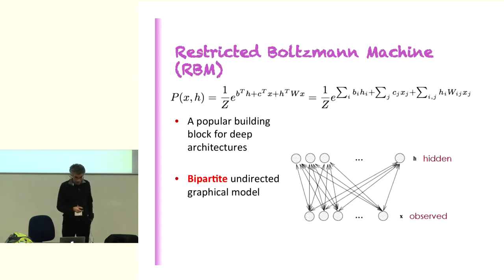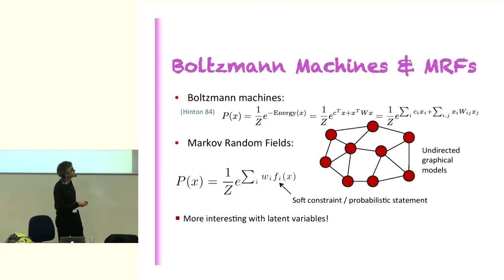So in the restricted Boltzmann machine, we have a restriction, which is that there are no interactions between the x's and the h's. Whereas in the general Boltzmann machine, any pair of variables, so here x could be both observed or visible, any of them.